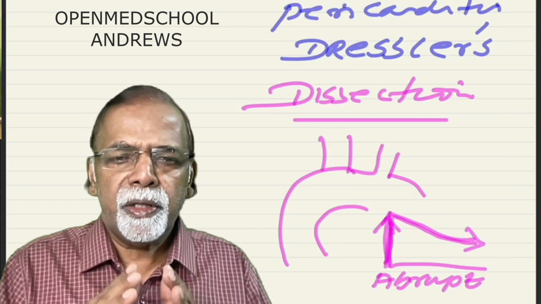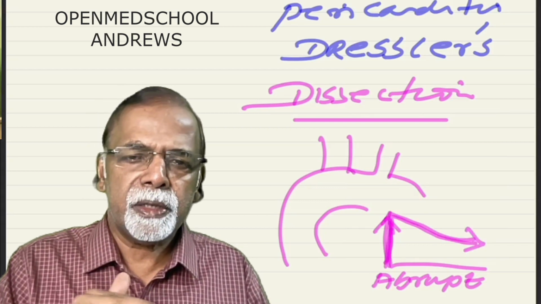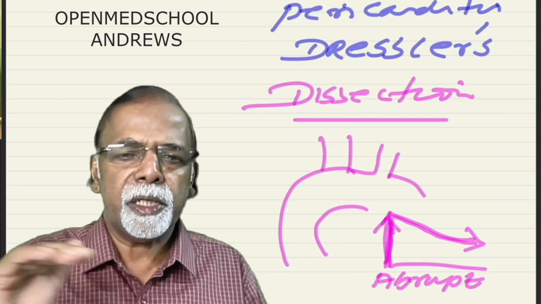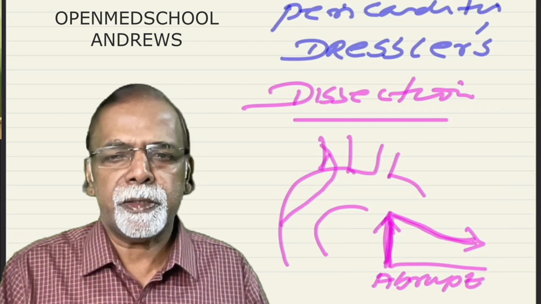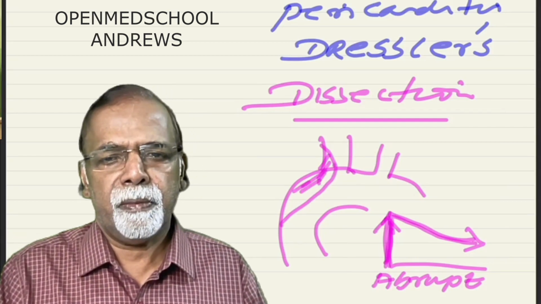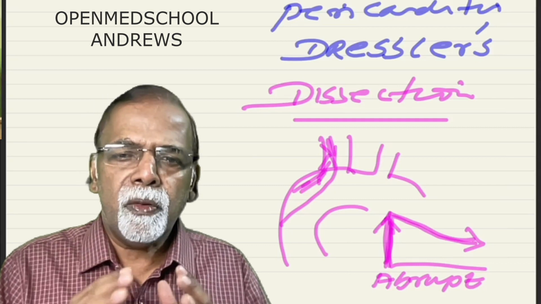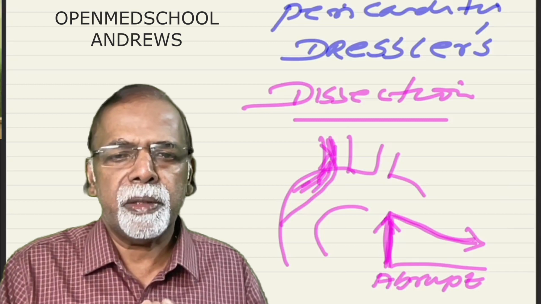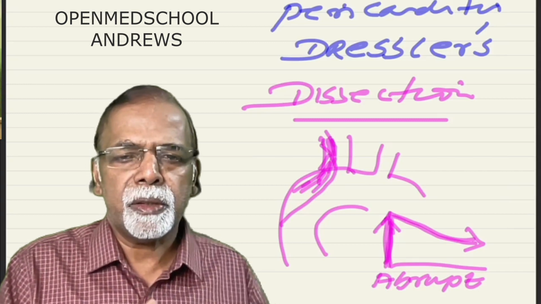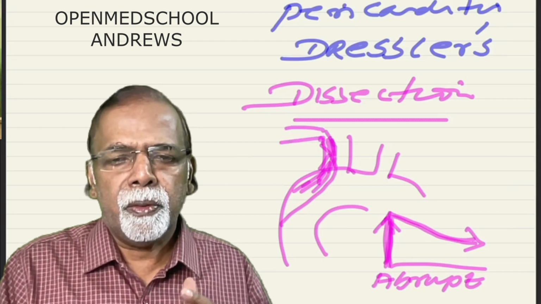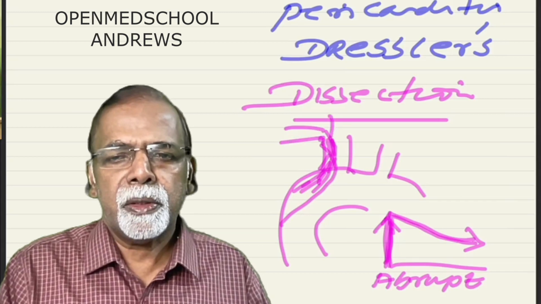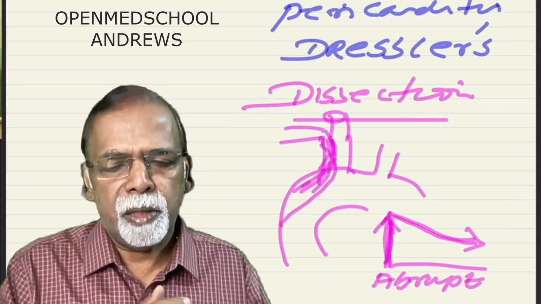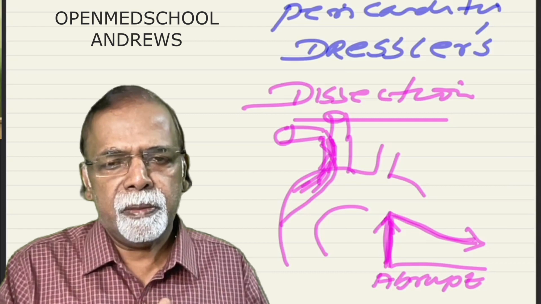In myocardial infarction, usually the pain starts and it goes to a peak. Such pain is very unlikely to be due to dissection. If the tear involves the cranial arteries or upper limb arteries, there can be associated syncope, or the patient can develop stroke or asymmetries in the pulse and blood pressure.